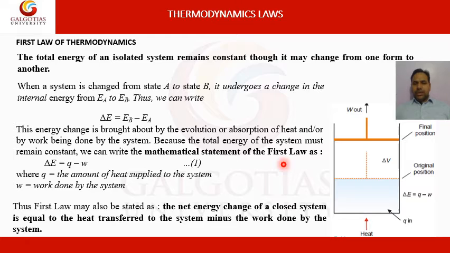So the first law may also be stated as: the net energy change of a closed system is equal to the heat transferred to the system minus the work done by the system. So overall, the first law is that energy is neither created nor destroyed, it always transforms.